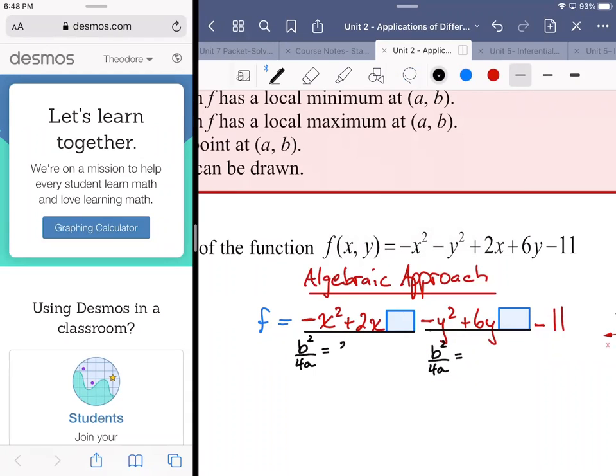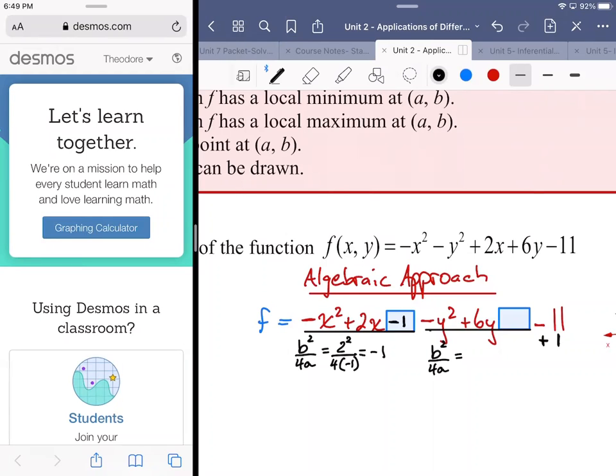The b value is 2, so 2 squared over 4 times negative 1. We're looking at 4 divided by negative 4, which is negative 1. So that's what gets put in here. I just mysteriously subtracted a 1 from an expression, and I can't just do that, so I correct for that by adding a 1 onto the expression itself.